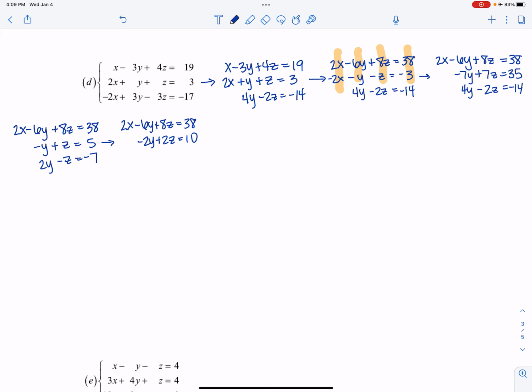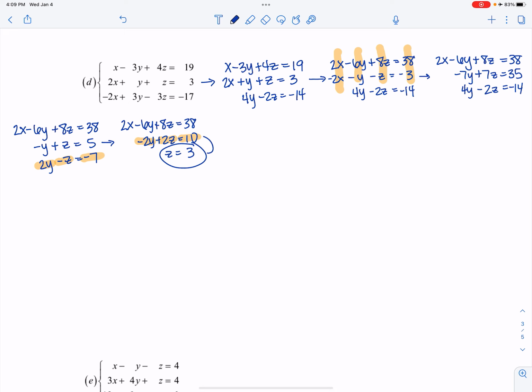And the bottom, if we added negative 2y plus 2y, we get 0. 2z minus z would leave us with just z, and 10 minus 7 is 3. So we have z is 3.